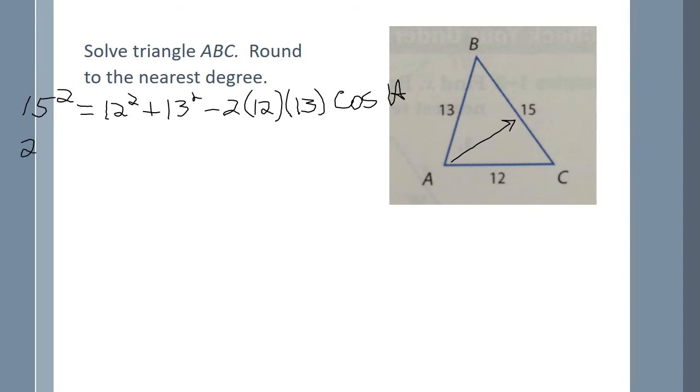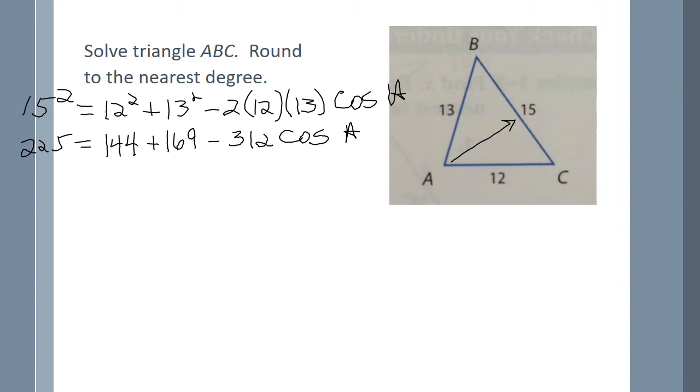So this ends up being 225 equals 144 plus 169 minus 2 times 12 times 13, which is 312. So minus 312 times the cosine of A. And you need to be doing this all on your calculators.